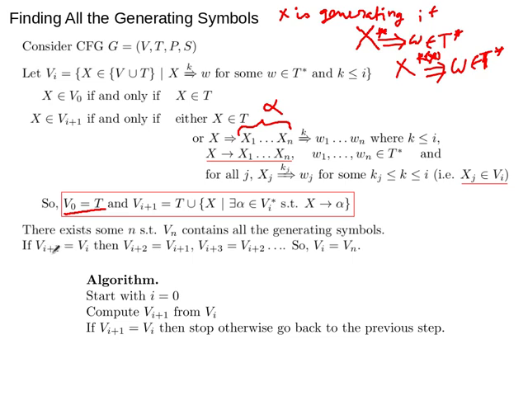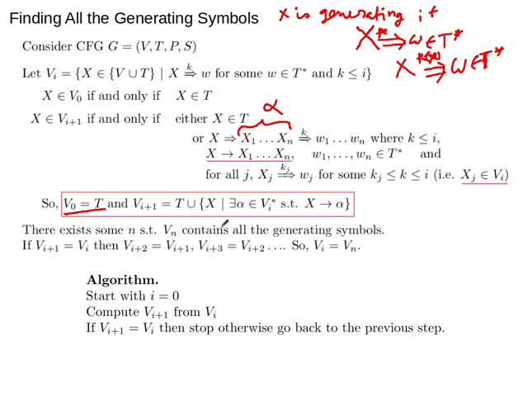Because by definition you get Vi plus 2, but Vi plus 1 was equal to Vi. So it continues and doesn't grow anymore. The index is increasing, but the set remains the same.